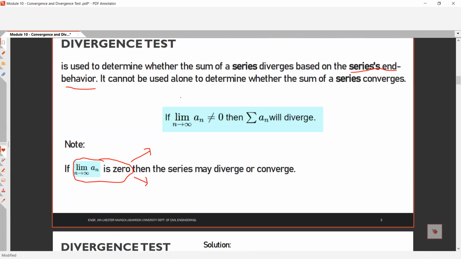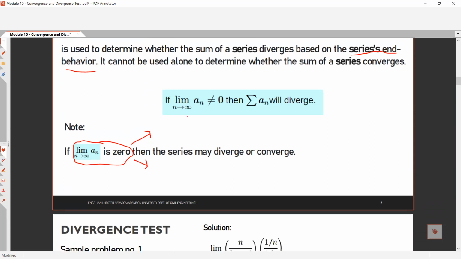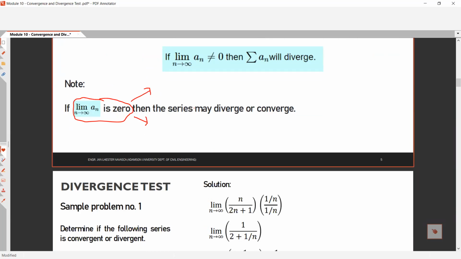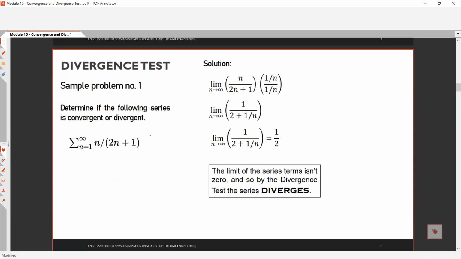Ang condition to diverging is this one. We will try if the limit of my a sub n as n approaches infinity is not equal to 0. Ganyan yung gagawin ko.